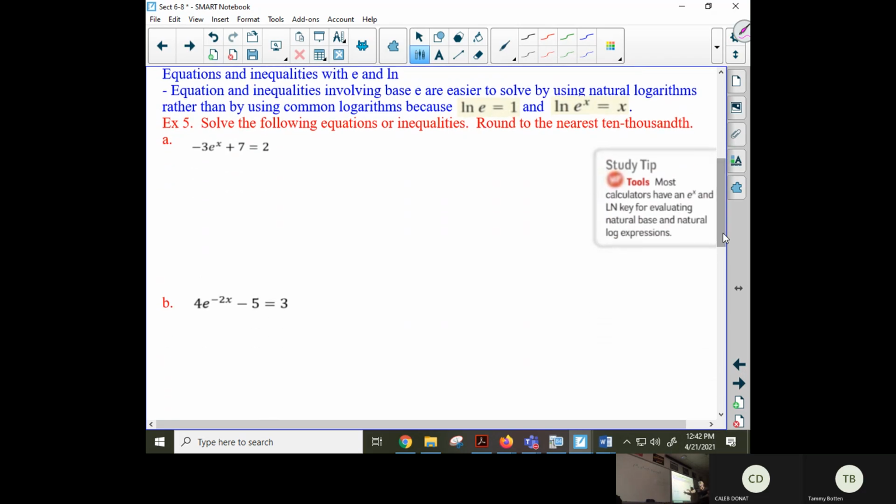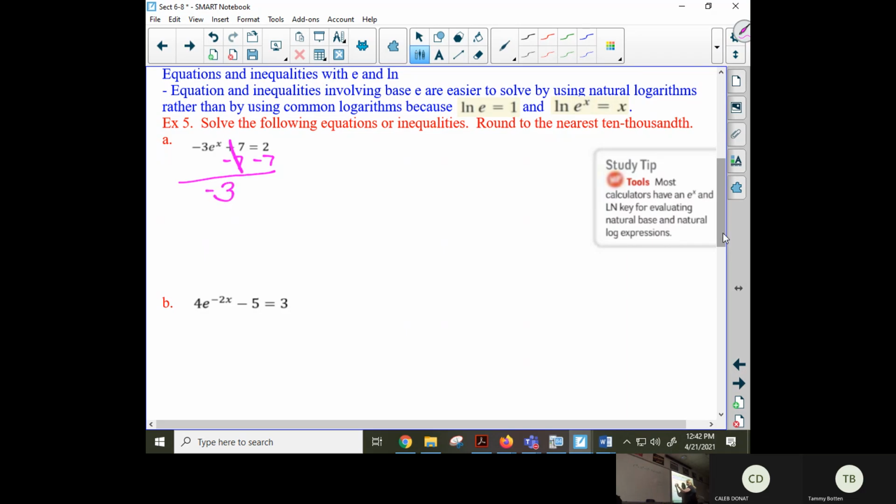So we're gonna start out with e functions and solve them. And to get rid of an e, you can do the natural log of both sides, and natural log of e cancels each other out. The first thing I do is I try to isolate my e to the x. So I'm going to subtract 7, okay?